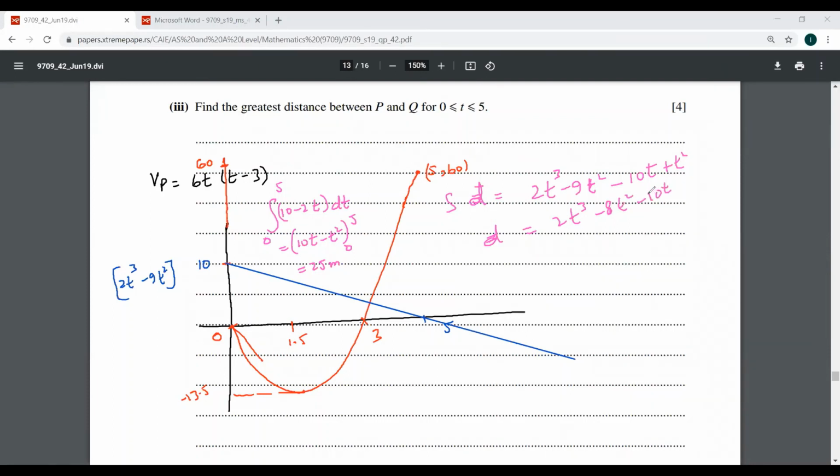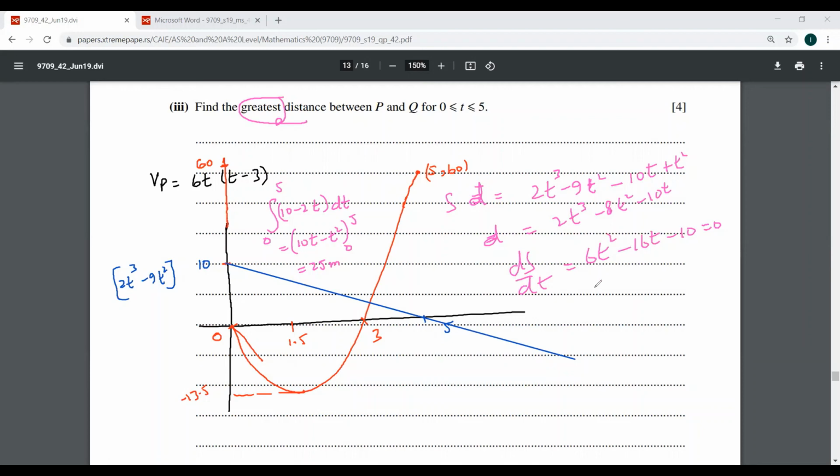So we have to find the greatest. Whenever you have the greatest or the smallest thing to be calculated, you should have the calculus in your mind, that you have to find the stationary point, that turning point. So let's find this ds by dt and put that equal to 0. This is 6t square minus 16t minus 10 equal to 0.